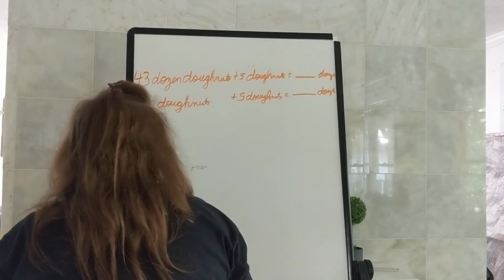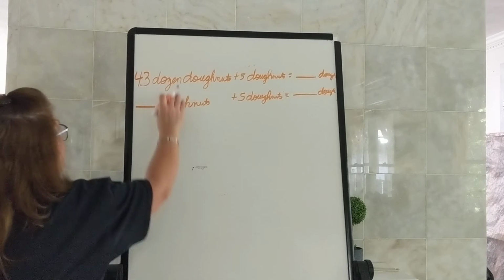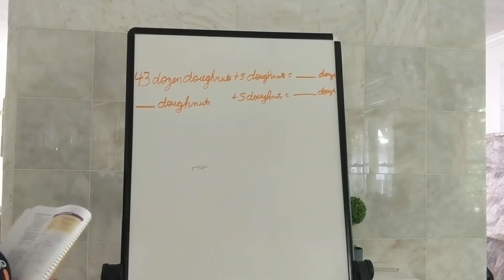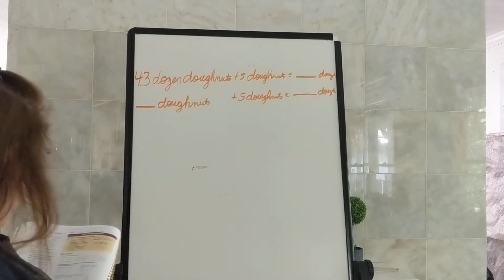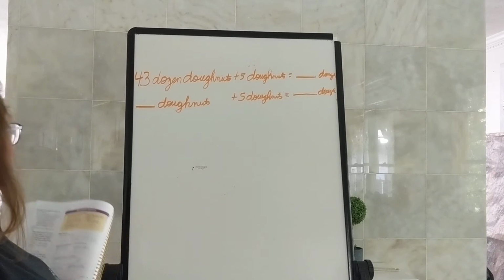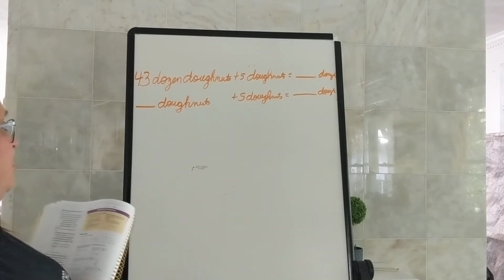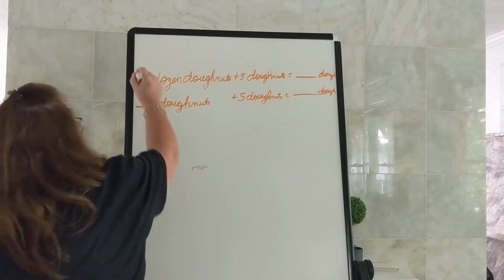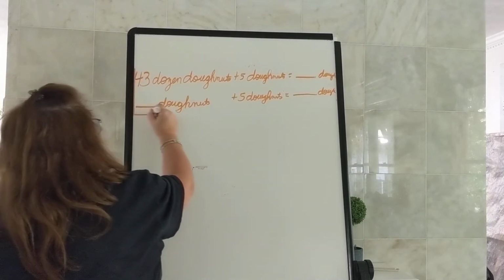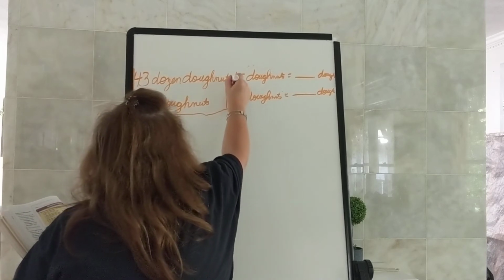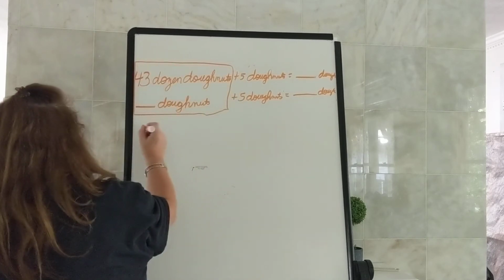Alright? So, if we're going from a dozen donuts to individual donuts, or one donut, is that larger to smaller or smaller to larger? Larger to smaller, multiply. Smaller to larger, then you divide. So this is our very strange looking conversion box.